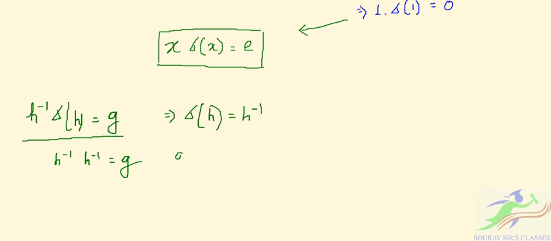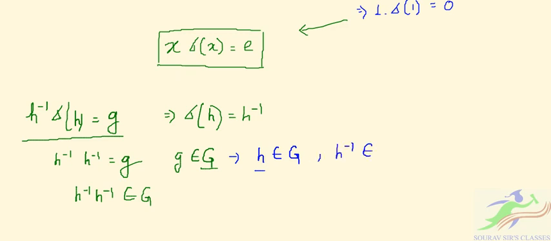Since g belongs to the group G, the h inverse will also belong to G, right? So from here we can see, since small g belongs to the group capital G, h will also belong to G. Since h belongs, its inverse will also belong to G, right? So this is h, we can say that h composite h inverse, composite h inverse.